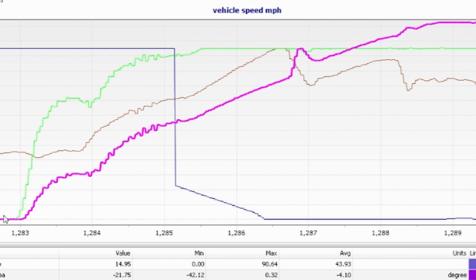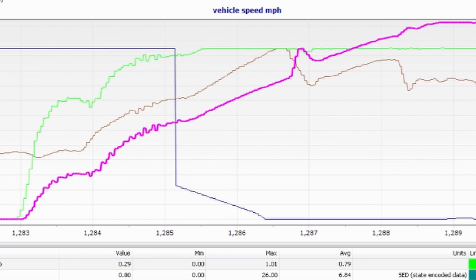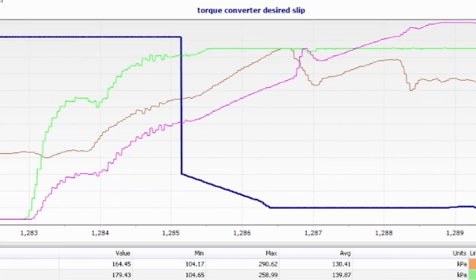So I have a few different metrics pulled up. Right here I got vehicle speed. Right here would be the bottom of the run when we start, and up here is going to be our top of the run. That gives us some interesting information, but what I really want to focus on are these two here. So this is the converter desired slip. This is when the car wants to start slipping the converter, when it started opening the valve to push fluid through the converter and start to slip it.